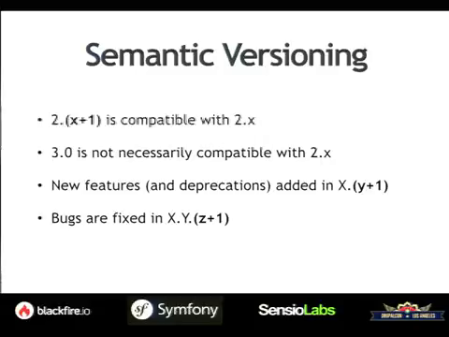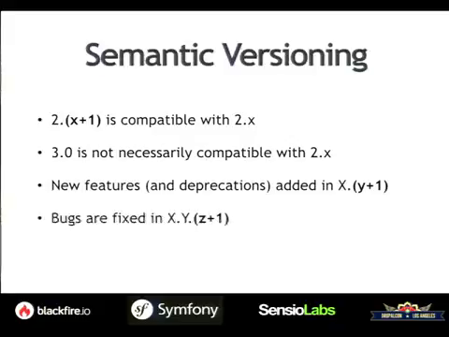Okay, so 2.x plus 1 is compatible with 2.x, or 2.x minus 1, minus 2, etc. 3.0 can break backward compatibility, but what we do not do is add new features in 3.0, because there is no need to wait for 3.0 to add new features.